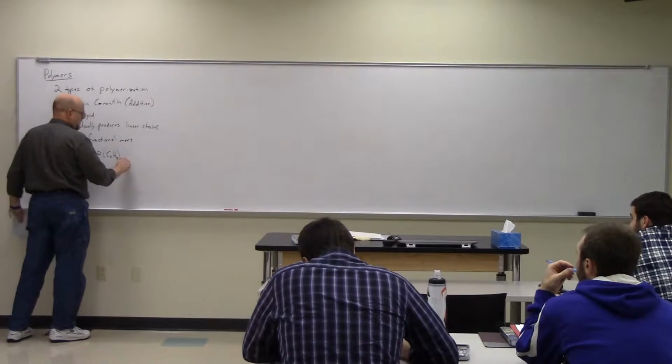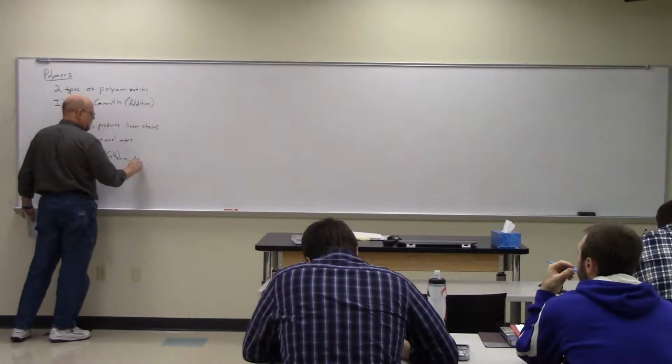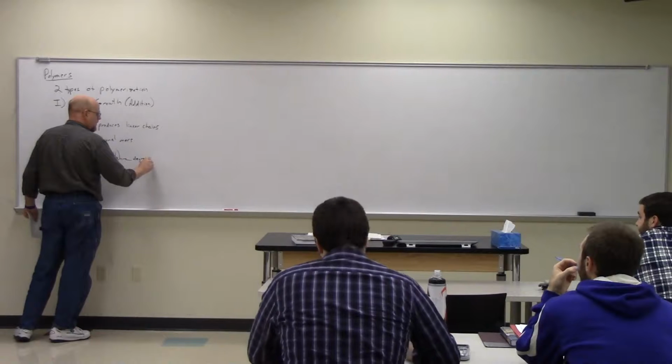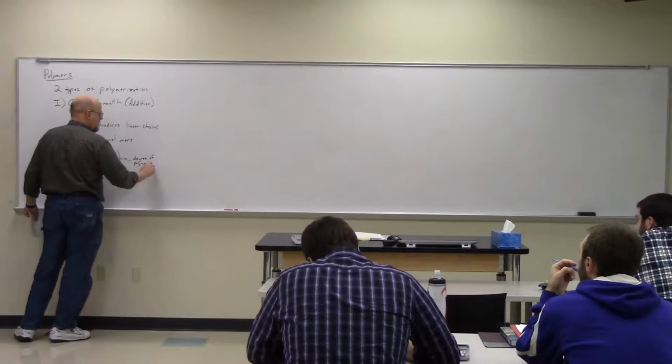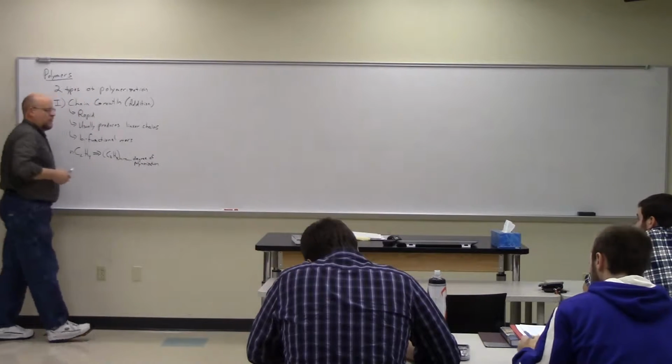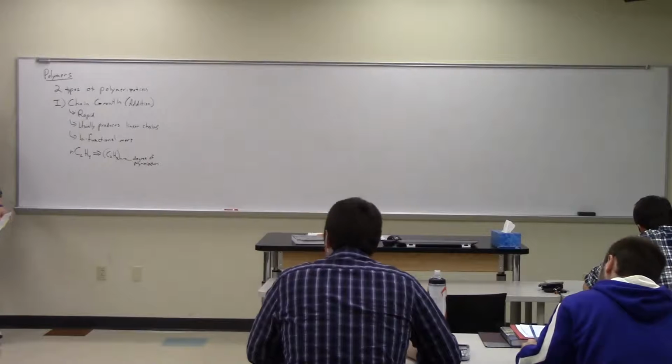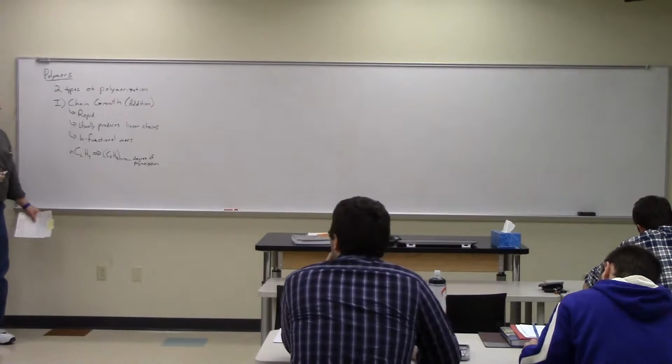So that's how you write it. This is the degree of polymerization. So if I have a degree of polymerization of 10,000, that means I have 10,000 MERs. Okay?